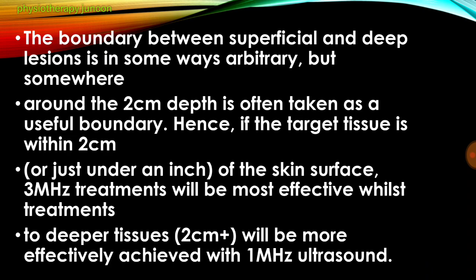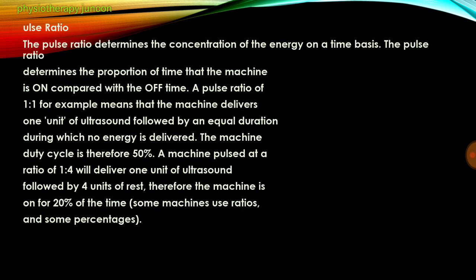Hence, if the target tissue is within 2 centimeters, or just under an inch, of the skin surface, then 3 megahertz treatment will be most effective. Treatments to deeper tissue, that is 2 centimeters plus, will be more effectively achieved with 1 megahertz ultrasound. Okay, clear?